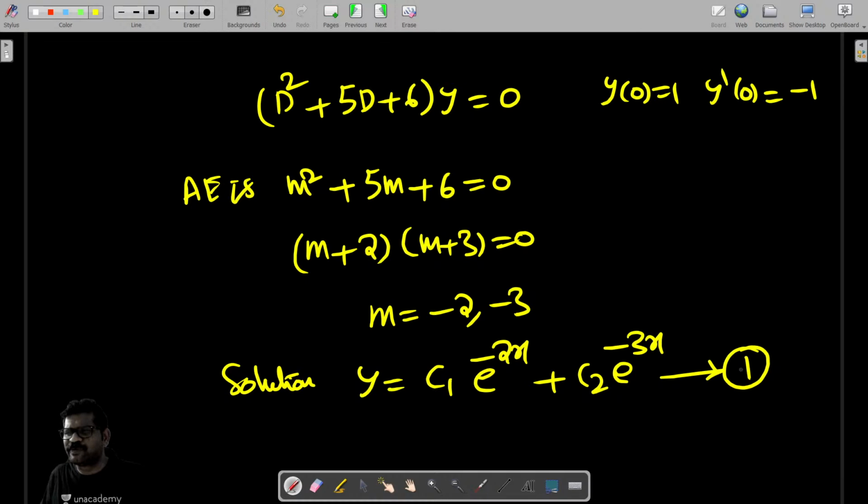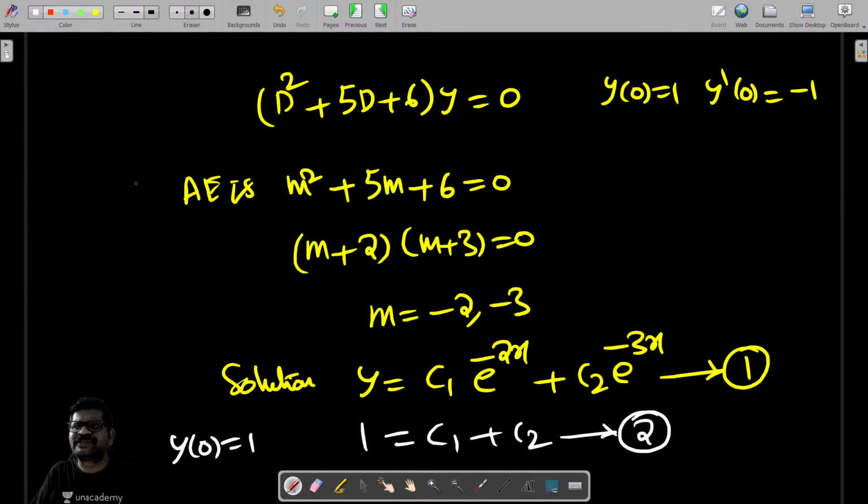Call it equation 1. Now, y of 0 equal to 1, so 1 is equal to c1 e power 0 plus c2 e power 0. Call it 2. Next, another boundary condition is given on y dash, so I am going to differentiate equation 1 with respect to x.